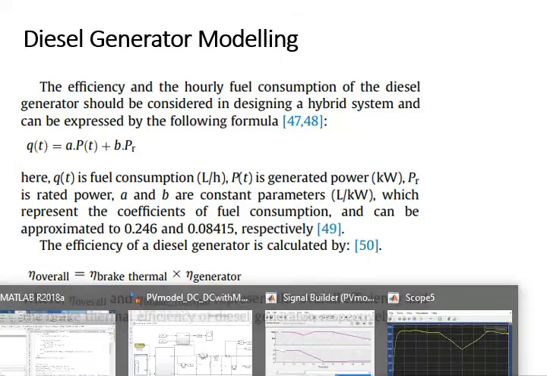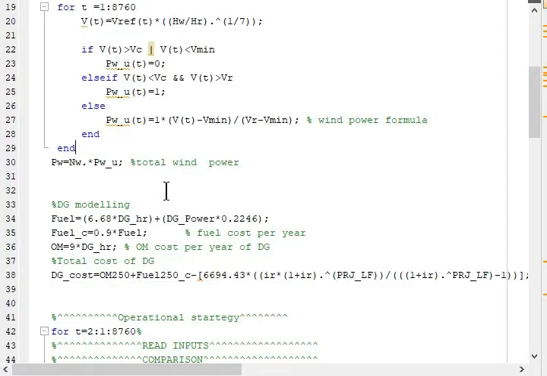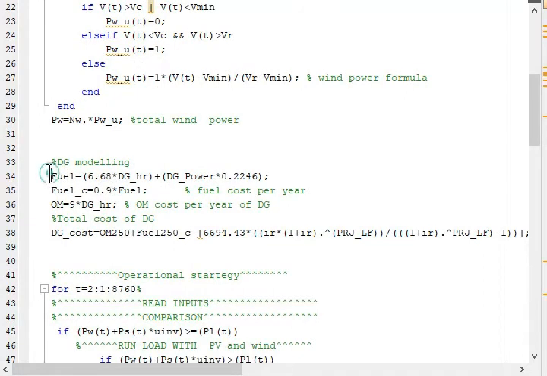So let's see the DG modeling. First of all, fuel will be calculated: the number of running hours, we are calculating the total fuel of a DG.